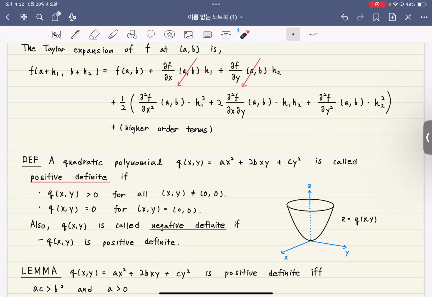It looks like a ball, and it only touches the xy plane at the origin. Deviating from the origin, the function value must always be positive. This is the typical graph of a positive definite quadratic polynomial.